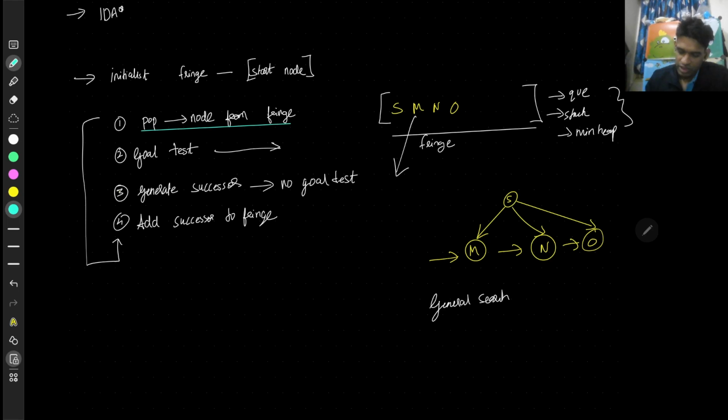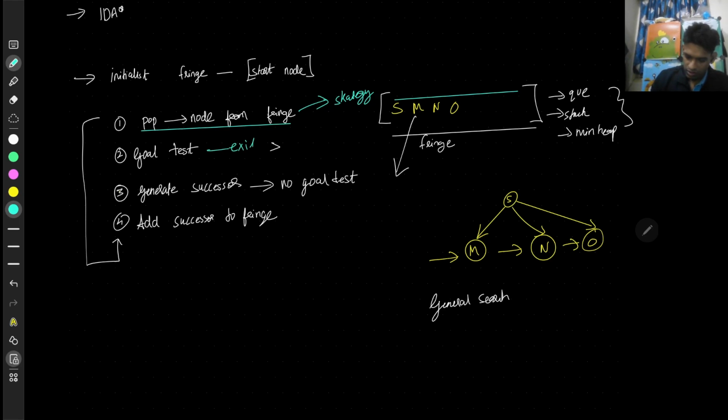What strategy are you using to select an element from the fringe? That is the difference between each and every algorithm, whether it is informed search or uninformed search. The difference will come in this first step, which node you decide to pop from the fringe. Everything else will be the same.